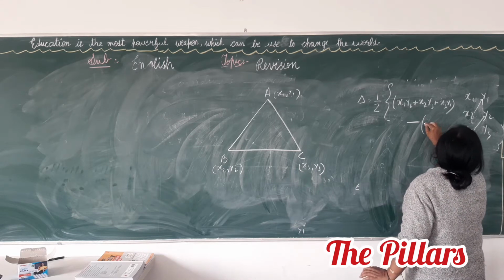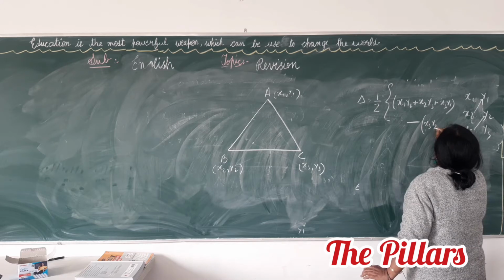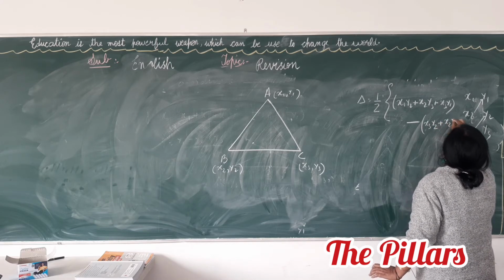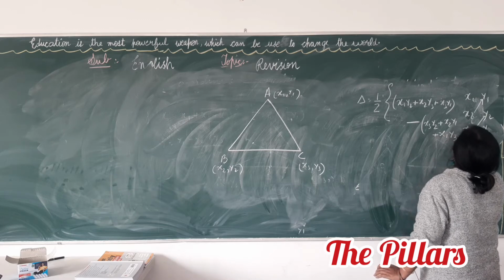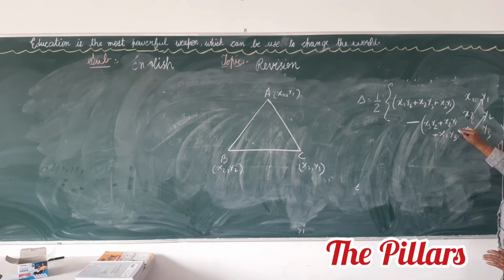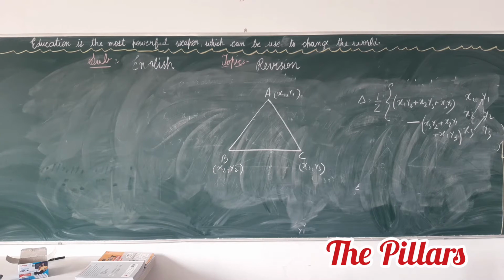Minus x3, y2 plus x2, y1 plus x1, y3. Okay? This pattern you remember, although maybe this is not in your syllabus, I don't know. This is how to find out the area of a triangle when the three vertices are given to you.